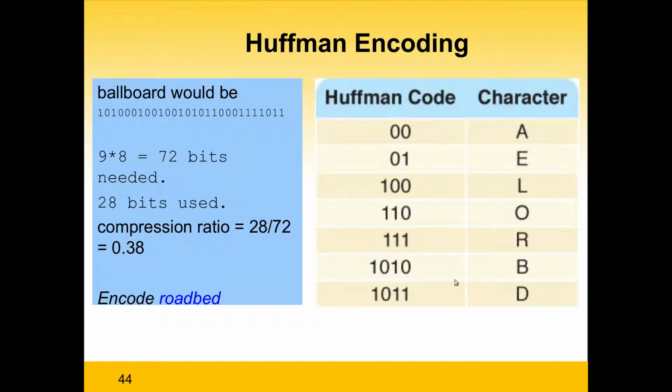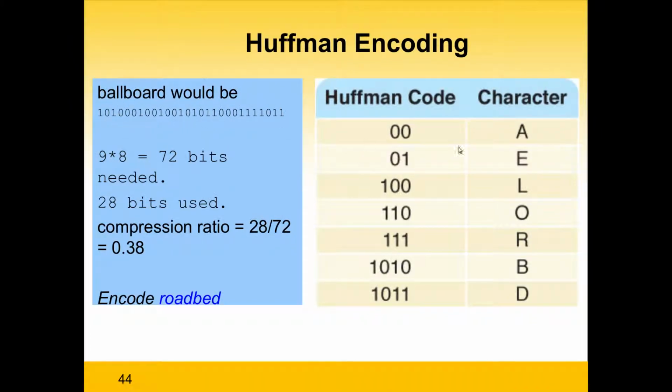So for instance, A is a very commonly used character in the English language. It will be represented by the Huffman code 00, and the E by 01, and the L by 100, etc. So for instance, the word ball board will be translated in the Huffman encoding by this long string.